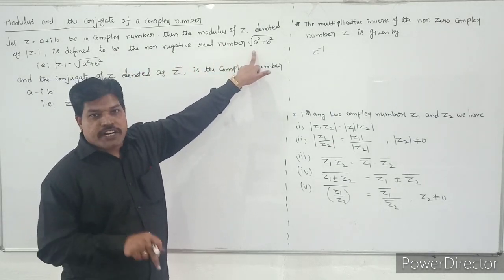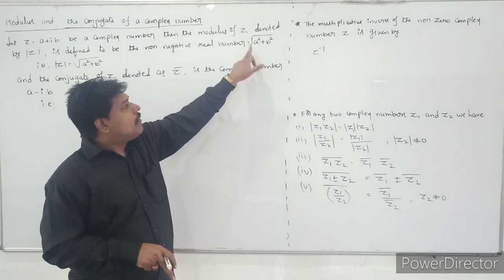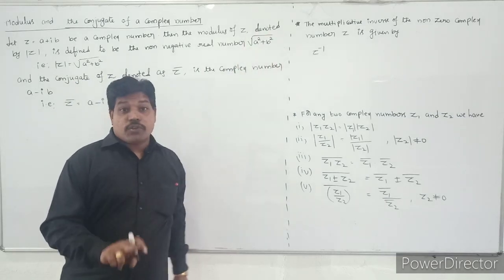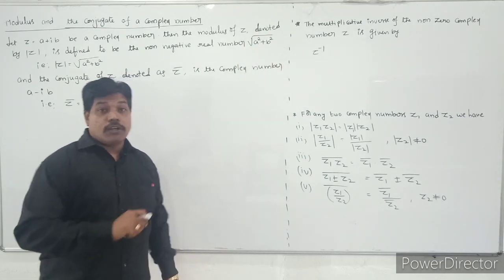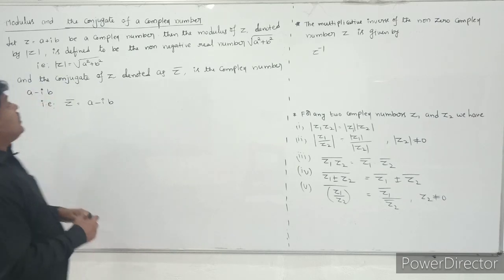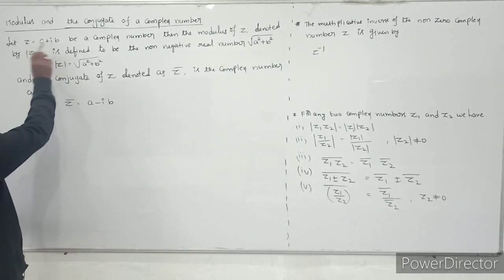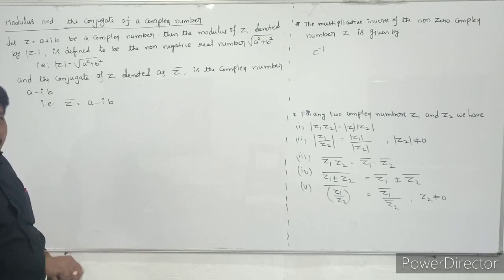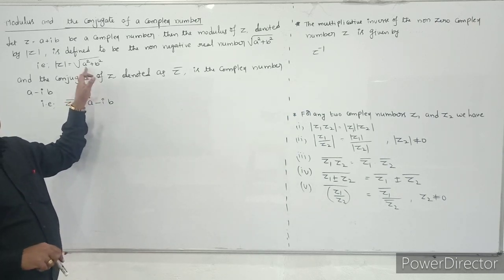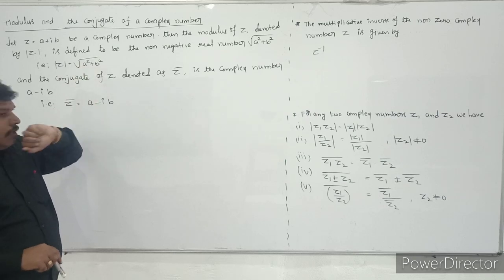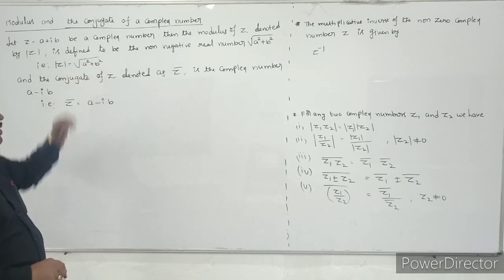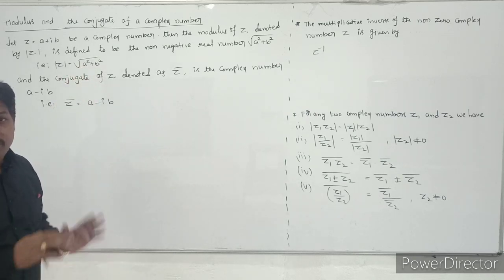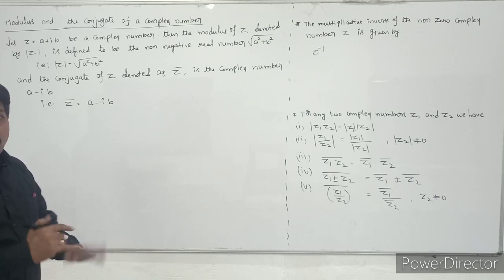Mod z is nothing but the square root of a square plus b square. That is called the modulus of a complex number.